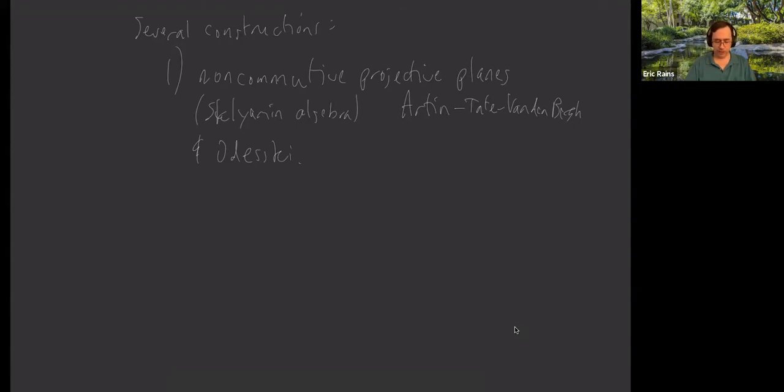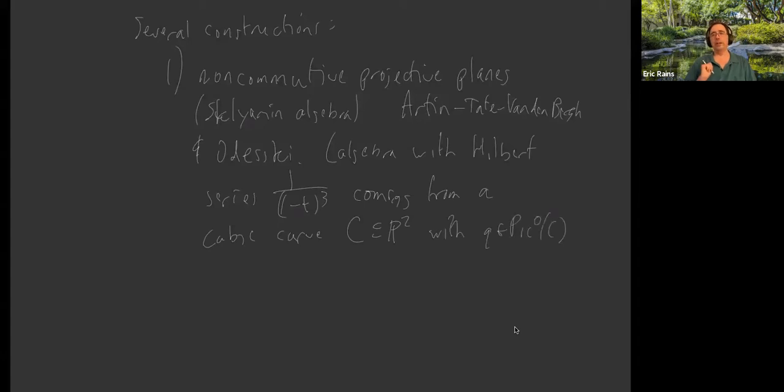So this is basically an algebra with Hilbert series 1/(1-t)^3 coming from a cubic curve in a commutative P2 together with a choice of Q in Pic^0 of that cubic curve.